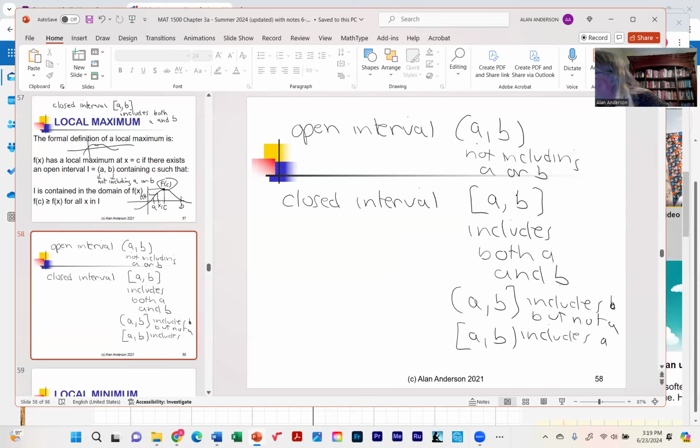This could be called semi-closed or semi-open, depending on what book you're looking at. It's like looking at a glass and saying, is it half full or half empty? It could go either way. But anyway, the words open interval imply that you're not including either endpoint.